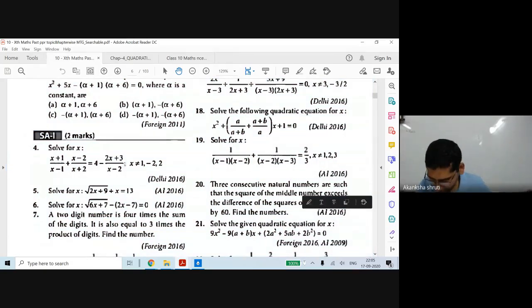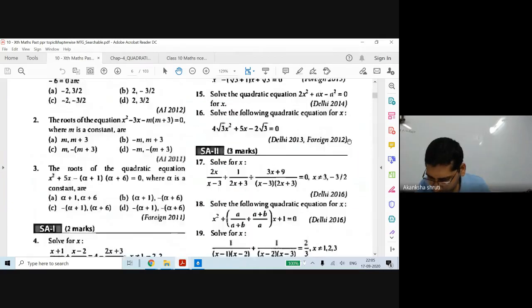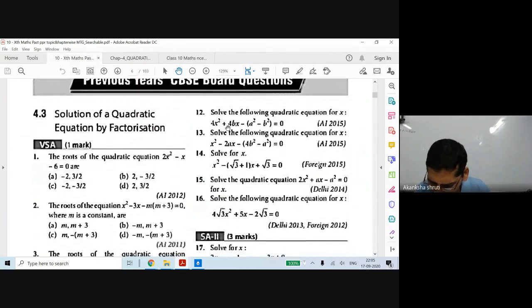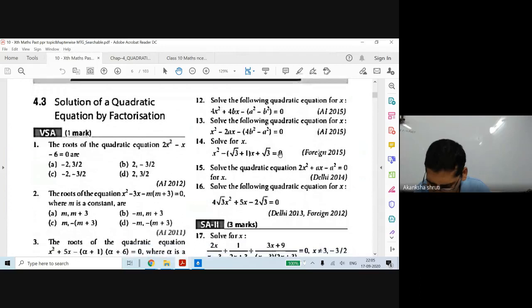But more thing that I want to tell you is that whatever the question I had given last day, say by factorization method, this question you have to do: 4x square plus 4bx minus of a square minus b square, this I have done yesterday. Similar kind of questions are asked. See, this was asked in 2015. So there is a fair chance that all such questions will be asked this year also.